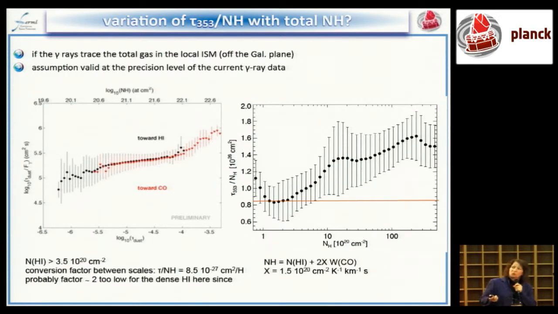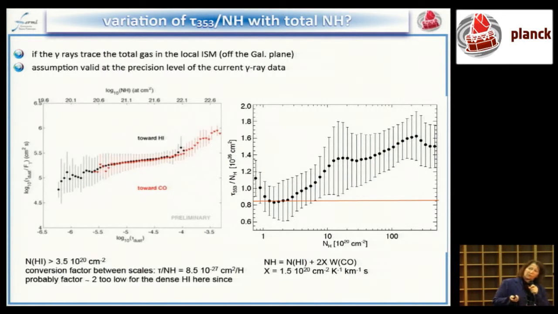And if you move to even denser medium, which is traced by CO, then you have a steady increase. What you have here on the gamma ray side is the dark gas in addition to H1 and CO, and you find the same increase.